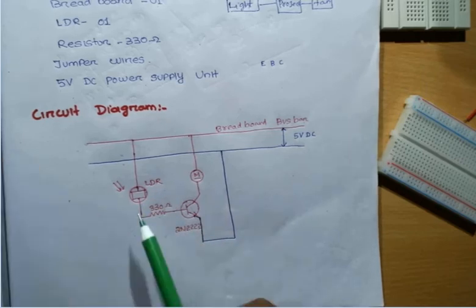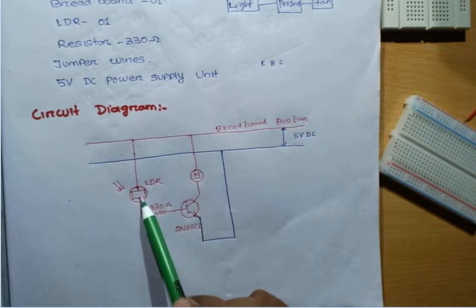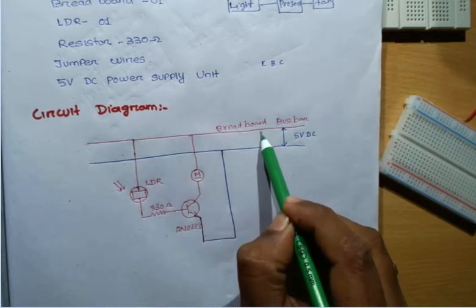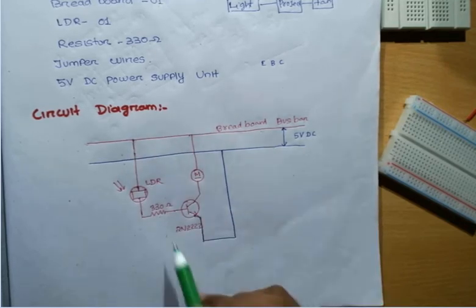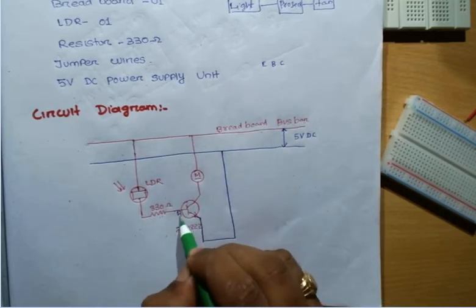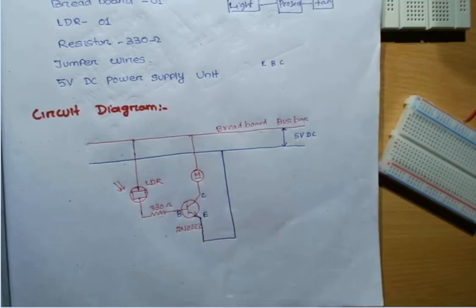It means this LDR and this resistor are connected in series. This LDR gets 5 volt from the 5 volt bus bar of the breadboard, then it is connected to the resistor, then connected to the base of the transistor.